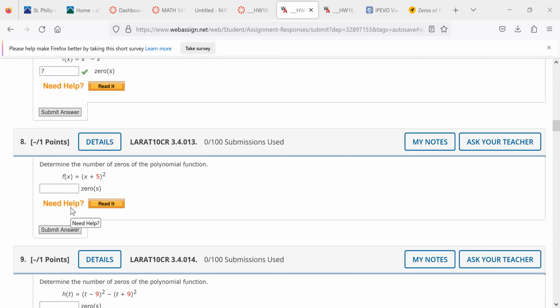Okay. So there's no real work. It's more of a conceptual thing. Yeah, basically just take the highest degree. Like check out number 8. Here you can see that the zero is -5, but it's repeated twice, right? So technically it'd be the same zero just twice. So that's how I'm taking it.